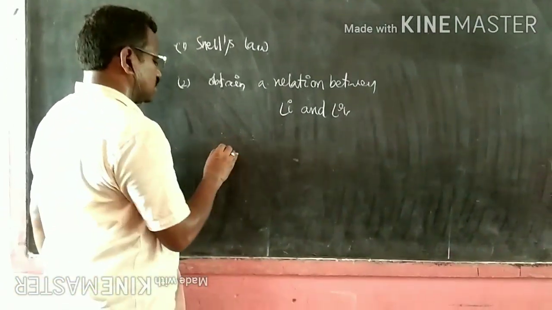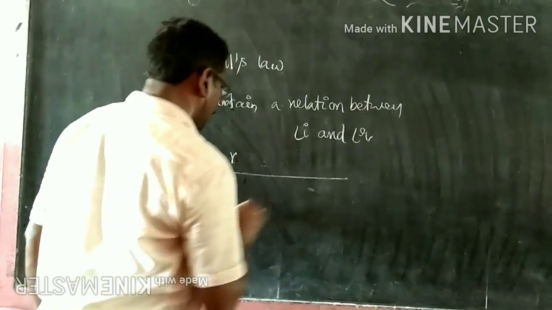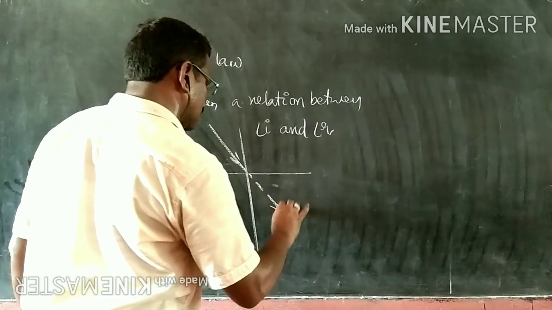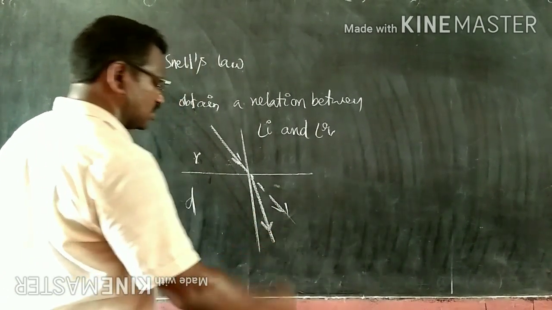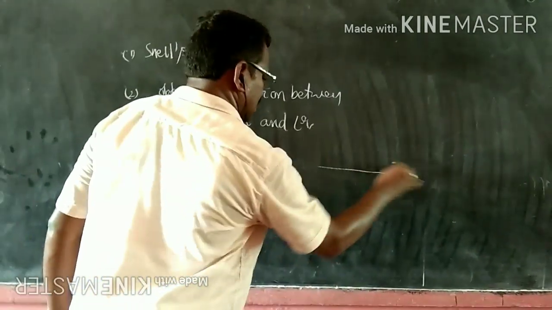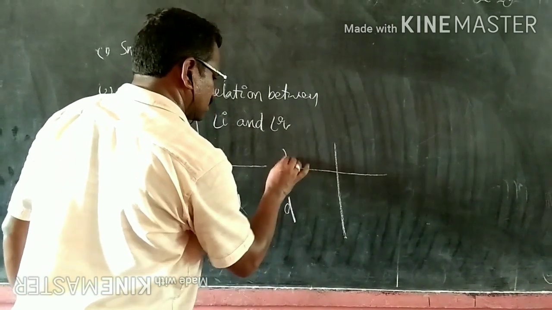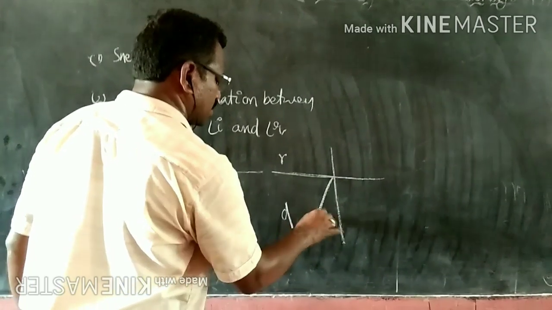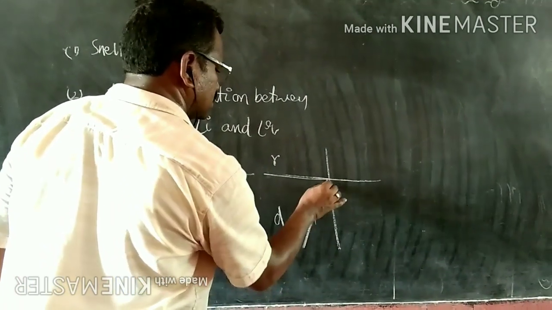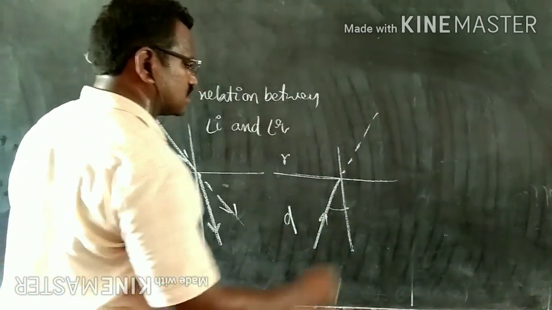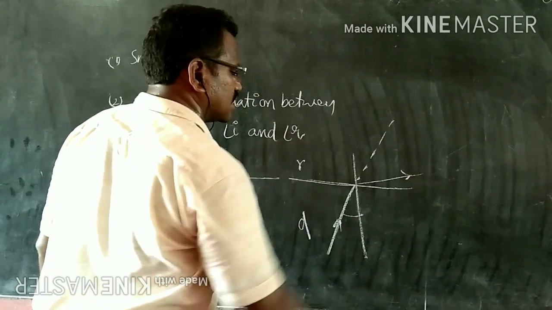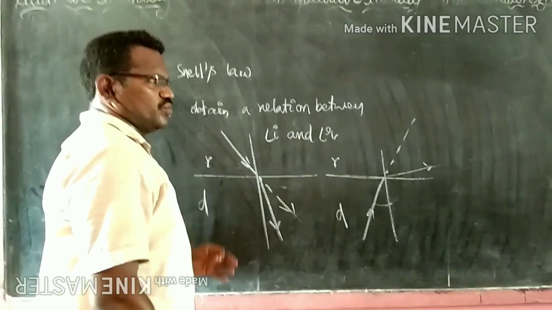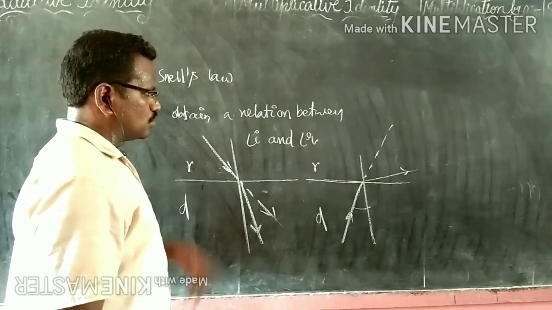For example, if the light ray travels from rarer to denser, it should not travel like this, it bends towards the normal. If the light ray travels from denser medium to rarer medium at a particular angle of incidence, our estimation should be like that, but it is deviating away from the normal. That we already proved and already came to know.